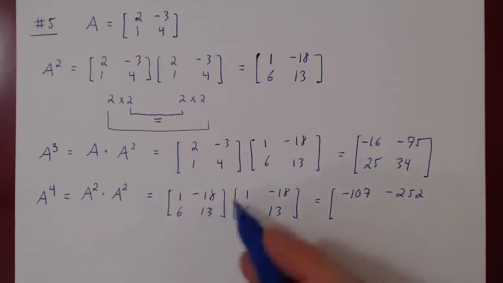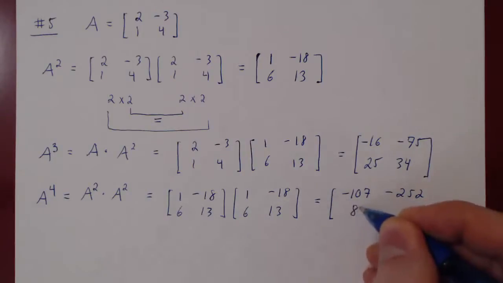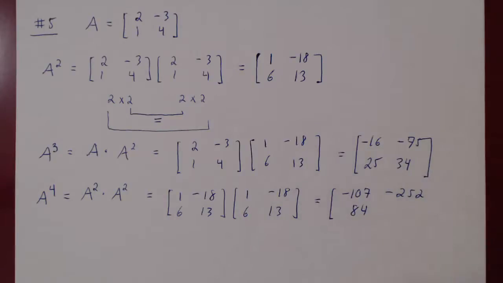Second row, 6 plus 13 times 6, 84. And finally, last entry, 6 times negative 18 plus 13 times 13, positive 61. And now we have A to the 4 by doing A squared times A squared.